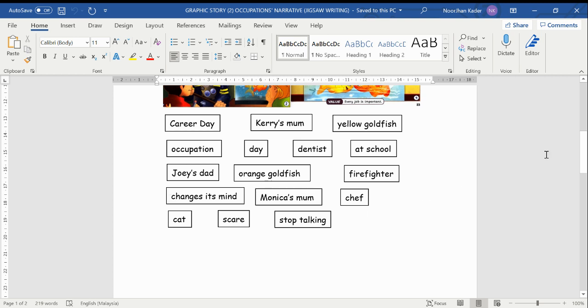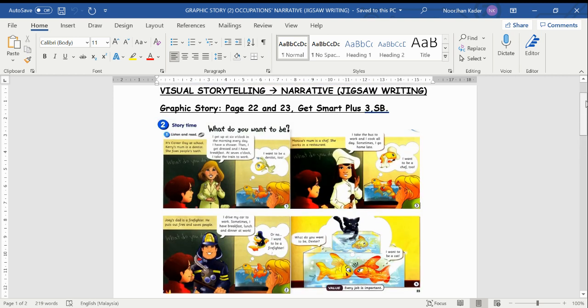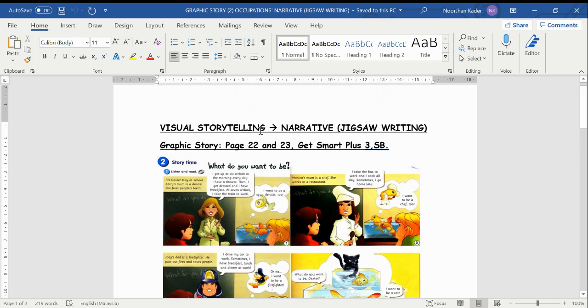But in the first part, we actually did the draft of how to do the narrative. So in this part 3, we are using back all the words and phrases to write the narrative. That is why I have already given you the title here: Visual Storytelling to Narrative, in brackets, Jigsaw Writing. Why?